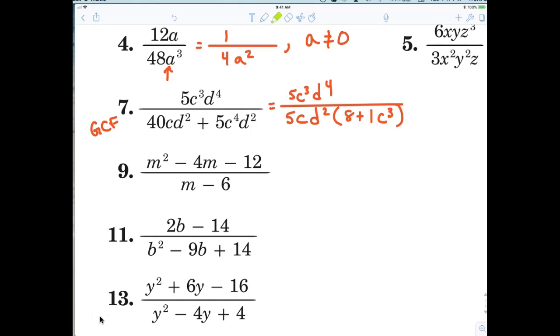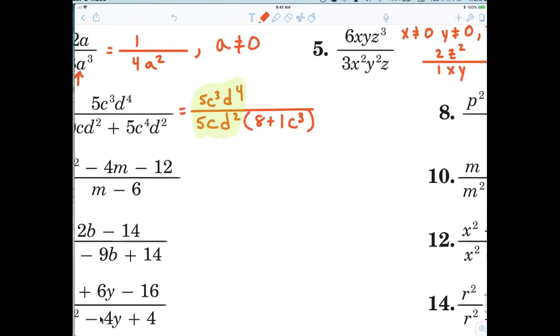Now we can reduce this part of the fraction. All right. So if I were to reduce that, what happens to the 5s? So what about the c's? C squared on top and d squared on the top. And what's left behind? Plus 1 c.